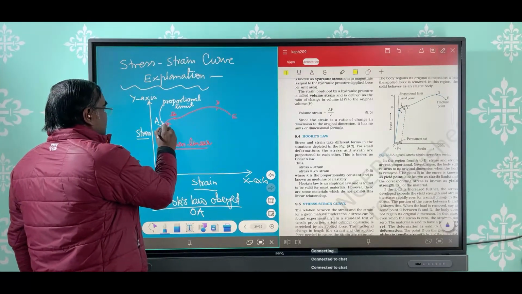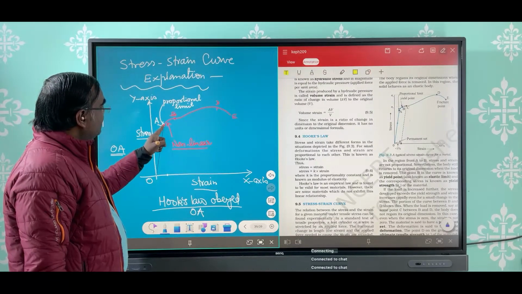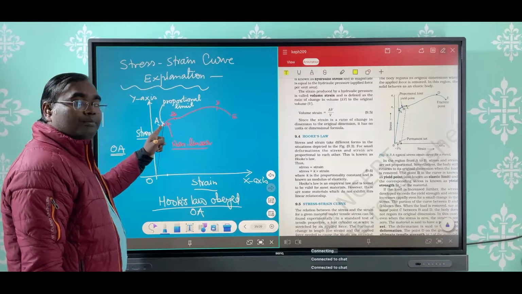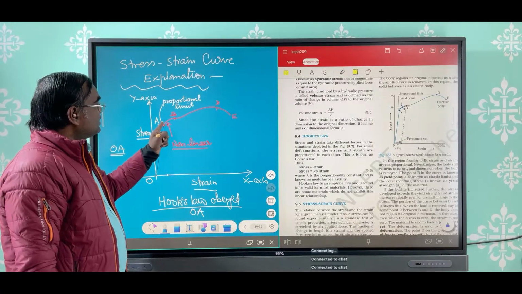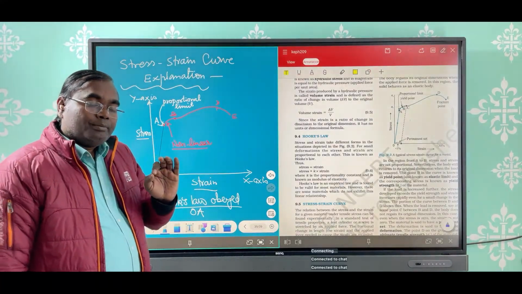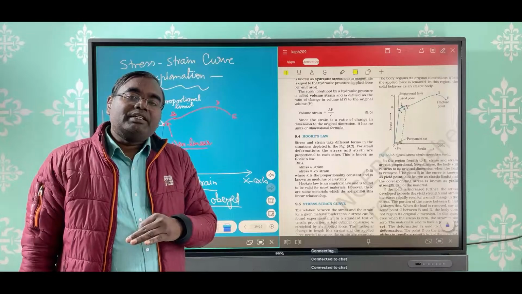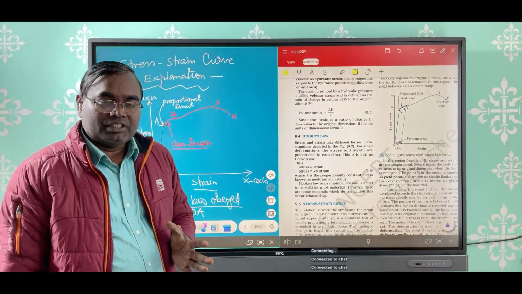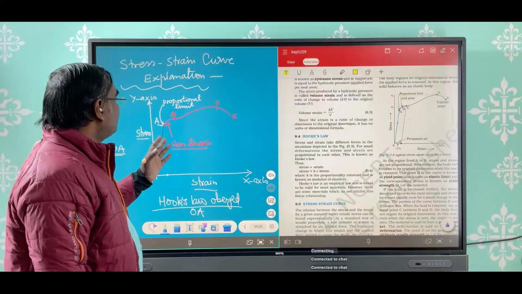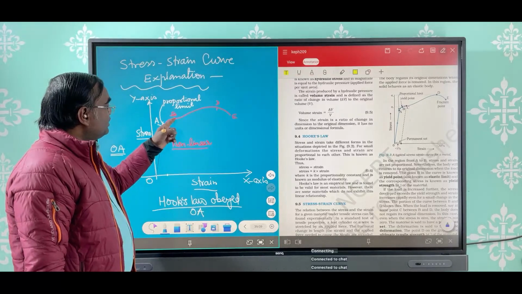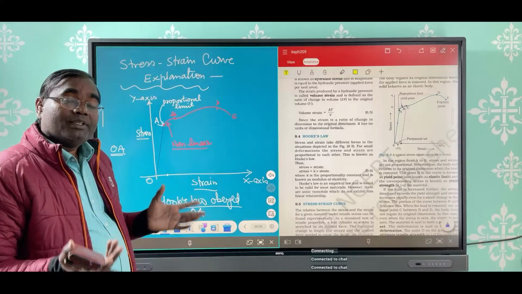Certainly this is B and this is A. When we increase the stress after the metal comes to point A, we get point B, and up to this point B, the metal still has the capability to come back to its original dimension after the stress, the load, is removed.